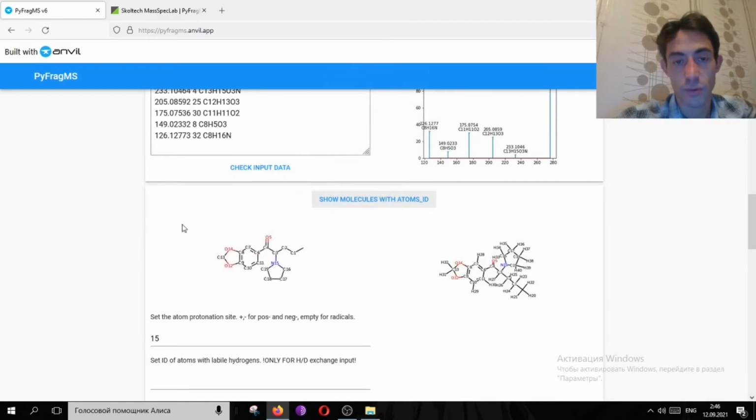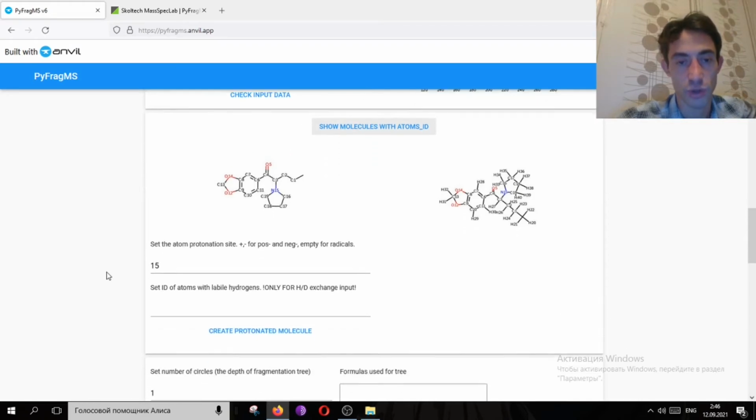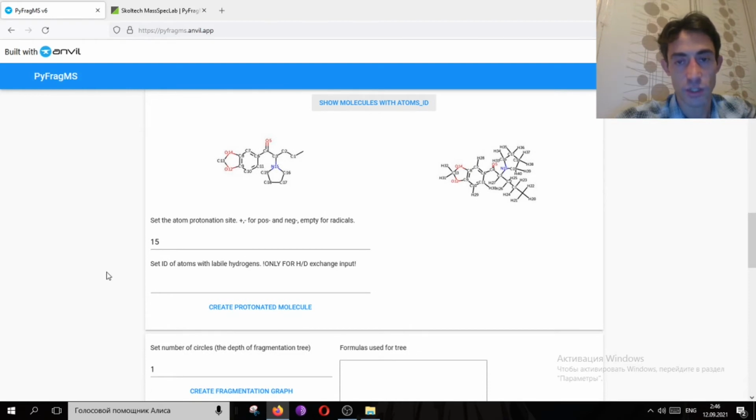So now we need to create an ion. How can we create an ion? We need to add charge to some place of the molecule. For this, we need to show the molecule with atom IDs, numbers of atoms, and we need to specify the number of the atom to which we are adding a proton.